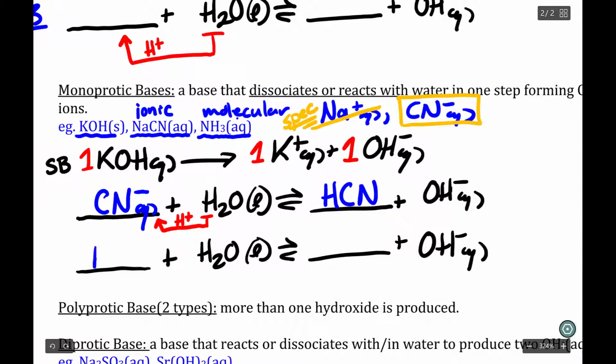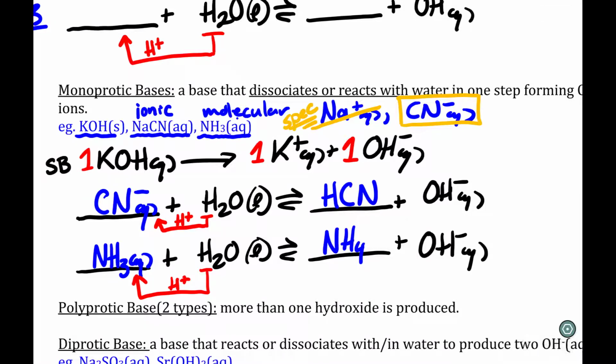When I have NH3 aqueous, the same thing's going to happen in terms of water is going to donate that proton like this. So what does NH3 now look like? Well, NH3 has gained an H, so now it's NH4, and it's also gained a positive. So over here, it had no charge. It was a charge of 0. So over here, it needs to gain a charge, which is positive. So this becomes NH4 plus.